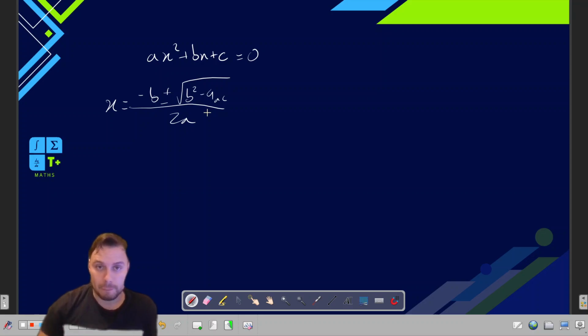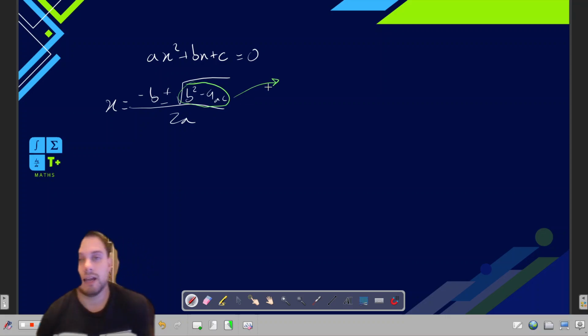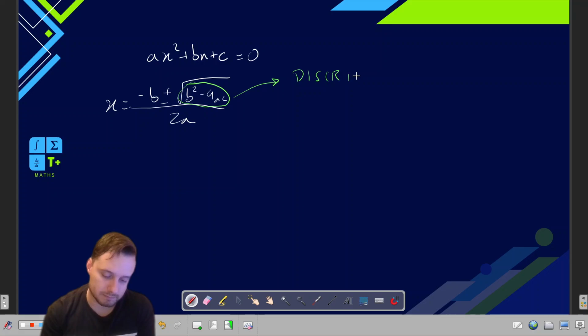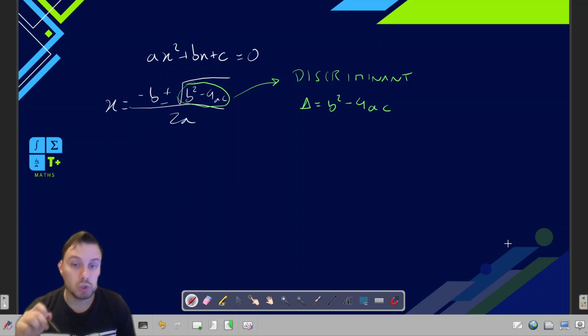Inside the square root is a very important element called the discriminant. The discriminant, usually written with the capital letter delta, is the value b squared minus 4ac, and it tells us how many solutions the equation has.